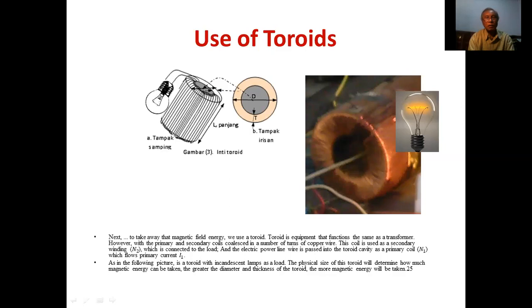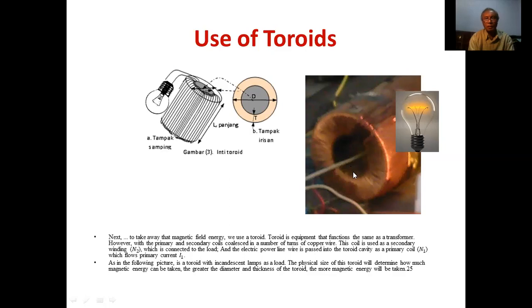In this case, we use an incandescent lamp and an electronic lamp. And the electric power line is passed into the toroid cavity as a primary coil N1, in which flows primary current I1. As in the following picture is the toroid with an incandescent lamp as a load.